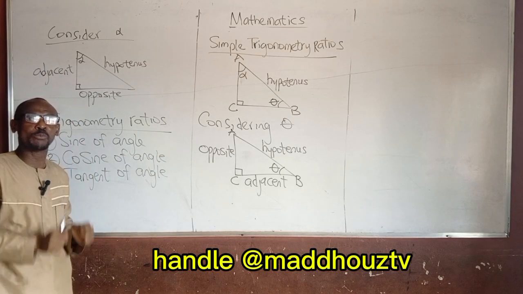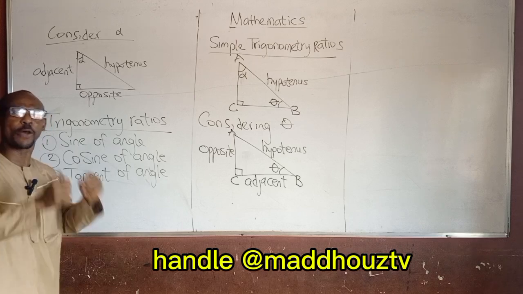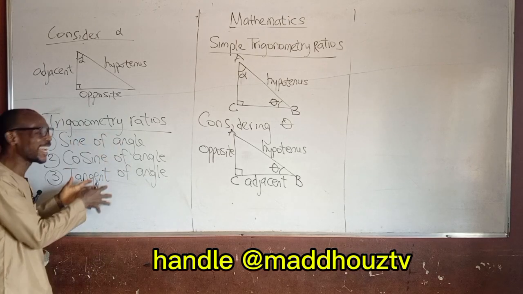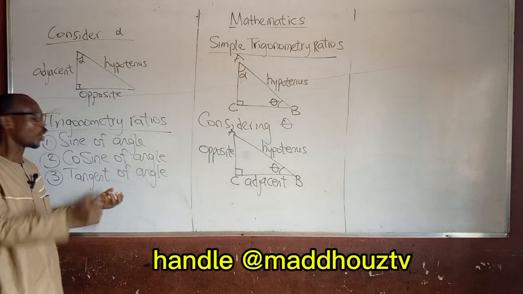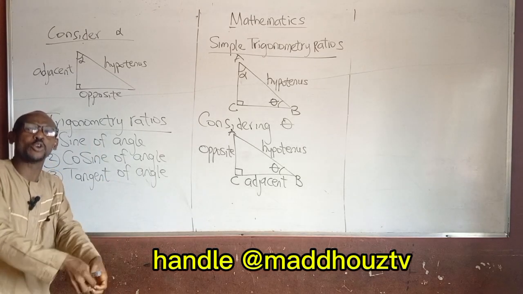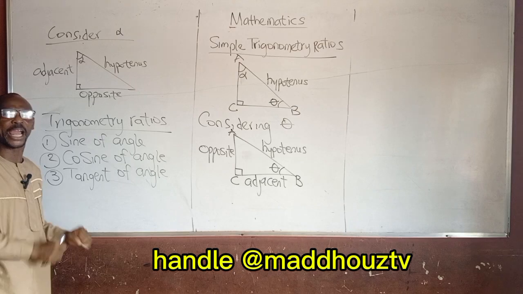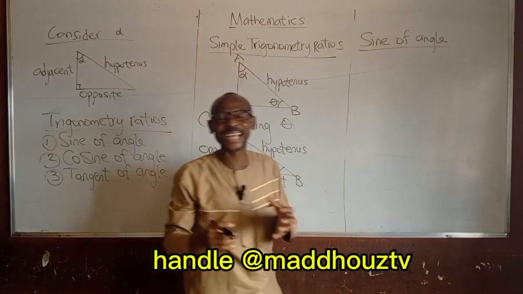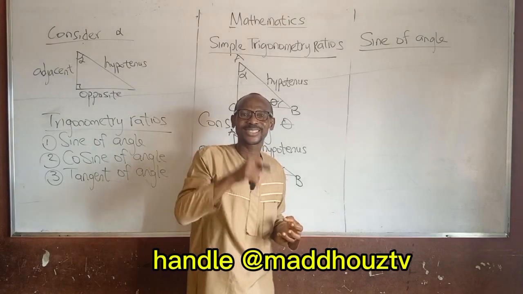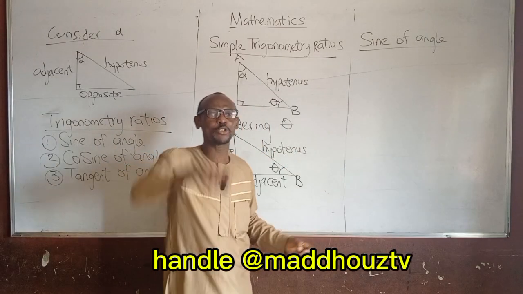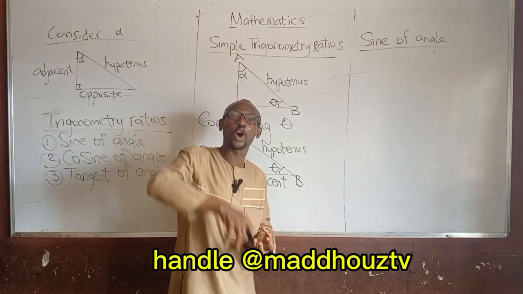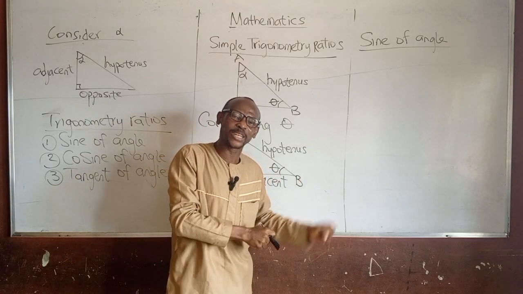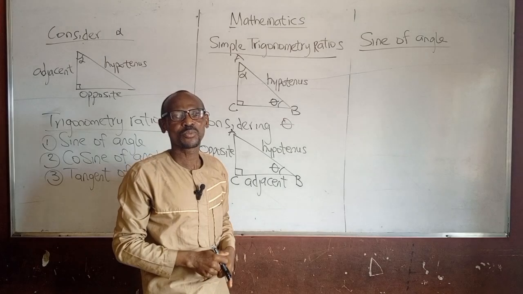So now we dey look this other ratio now. We go fit calculate both the length of the triangle and also the value of the angles inside the triangle. Sine of angle. Wetin be sine of angle? Sine of angle, we say na the ratio of the opposite side to the hypotenuse side of that angle.